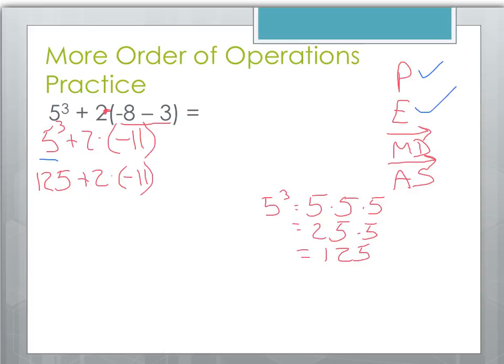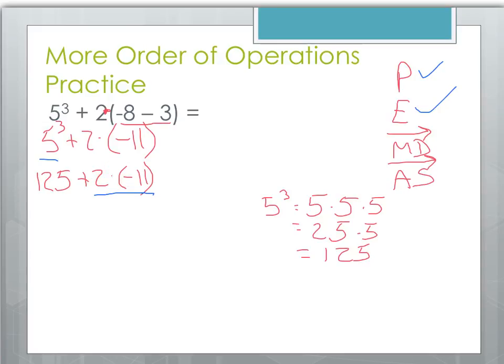Check. Do we have any multiplication and division? We sure do. 2 times a positive 2. Remember, a positive 2 times a negative 11. Now, watch what happens to this positive sign here. We've got a positive times a negative, so we're going to get a negative answer. So this is no longer going to be addition, but a subtraction, because the sign of the answer from this multiplication step is negative.